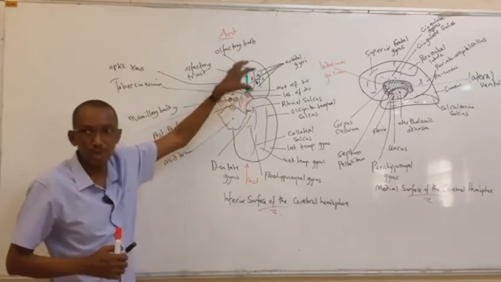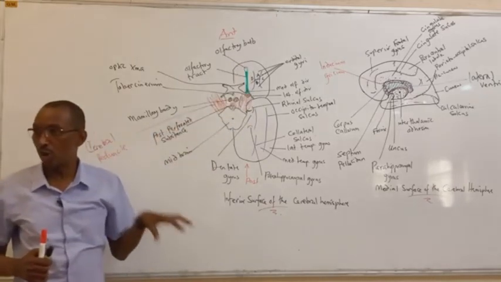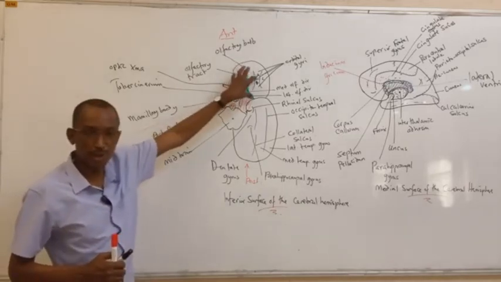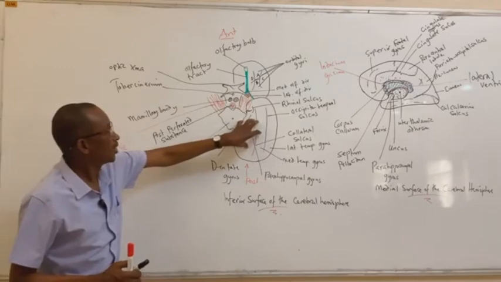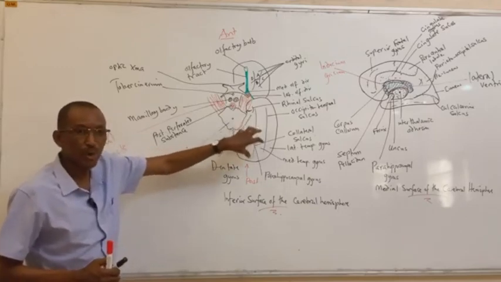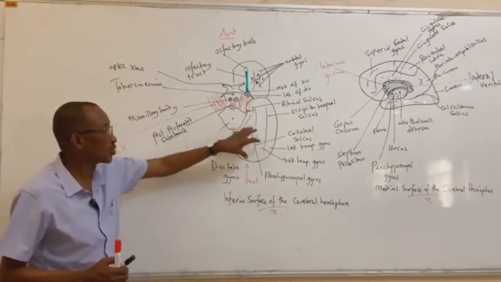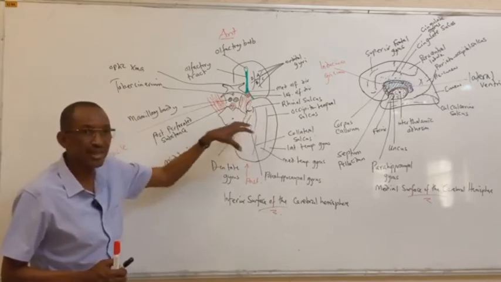That is why that surface is called the orbital surface of the inferior surface of the cerebral hemisphere.